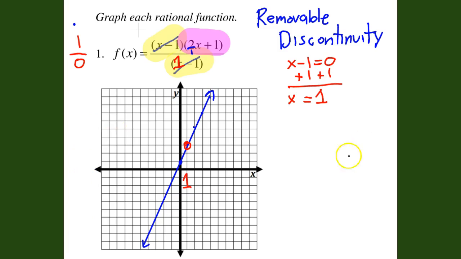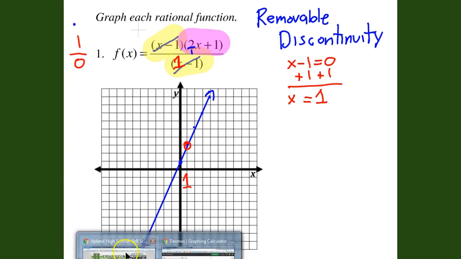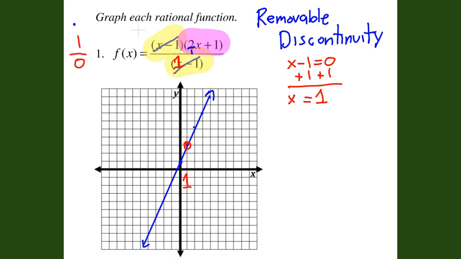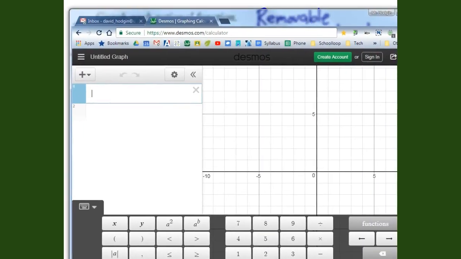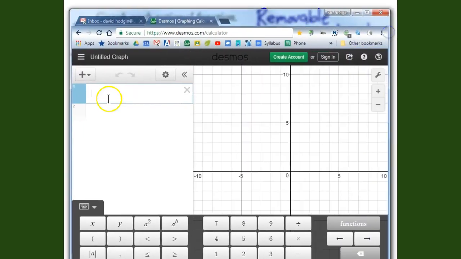Let's look at that on Desmos real fast to see how that would show up. So if I bring this over here, I'm going to graph 2x plus 1, actually the whole graph. So I'm going to have f of x, right, equals a fraction, and it's going to be x minus 1 times 2x plus 1.